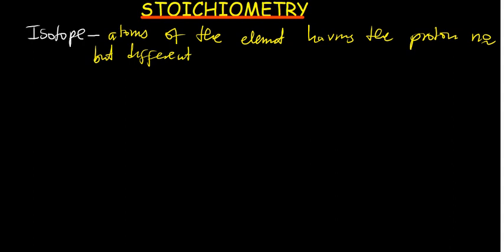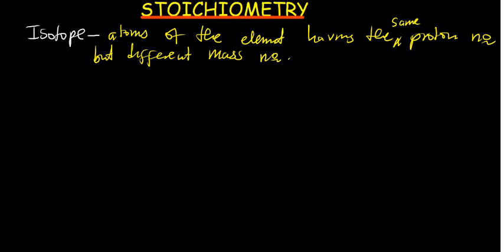So if the neutrons are different, obviously even the mass is going to be different. So atoms of the same element having the same proton number but different mass numbers, those are what we call isotopes. Just from isotopes, this is where we calculate the relative atomic masses.